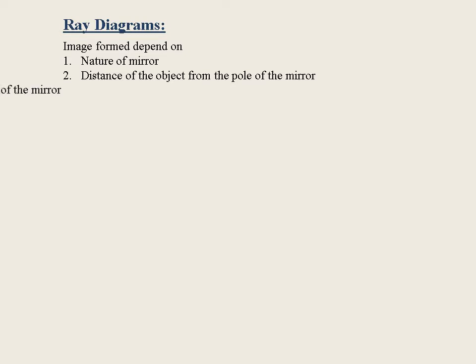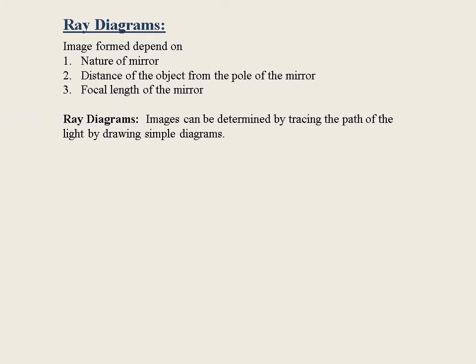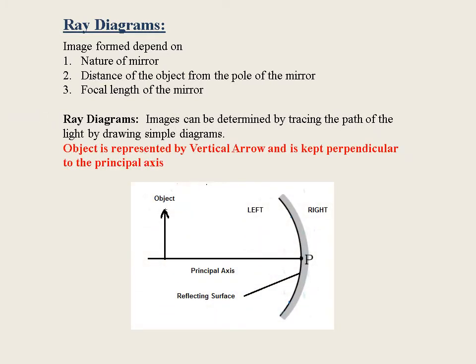The exact nature and size of images formed by objects kept at different positions in front of the spherical mirror can be determined by tracing the path of light by drawing simple diagrams. Such diagrams are called ray diagrams. The object is represented by a vertical arrow and is kept perpendicular to the principal axis in a ray diagram.